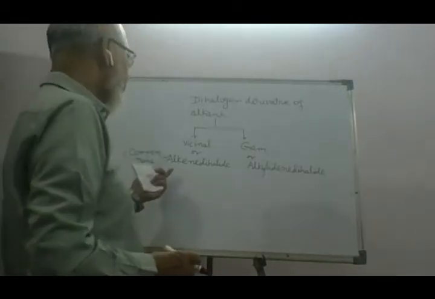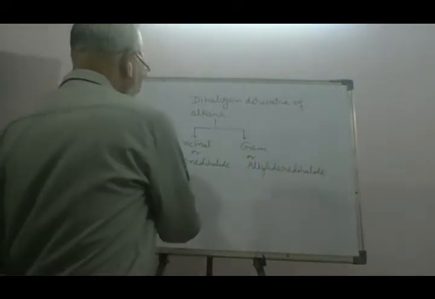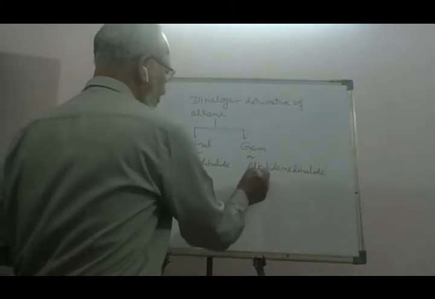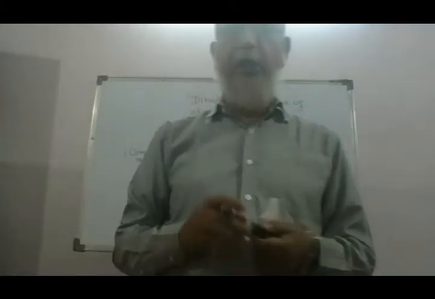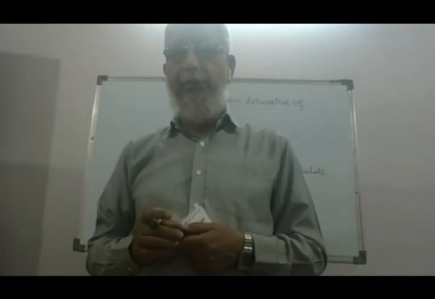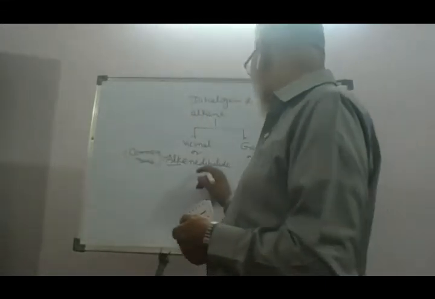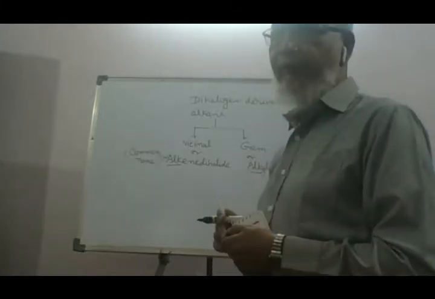Here, alk indicates the word root, which will depend upon the number of carbon atoms. As for example, if there are 2 carbon atoms, it will become eth. It will be ethylene dichloride.